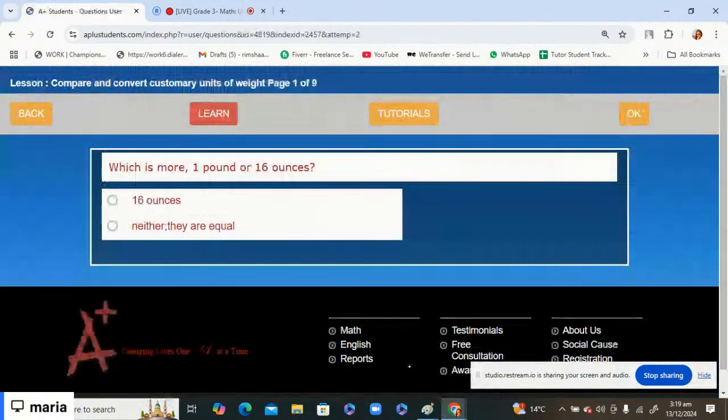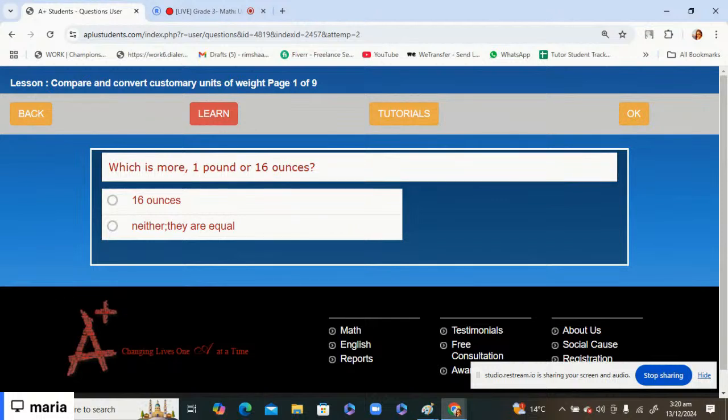Now you guys tell me, 1 pound or 16 ounces. Everyone tell me in the chat, I'm waiting. Is 16 ounces greater?